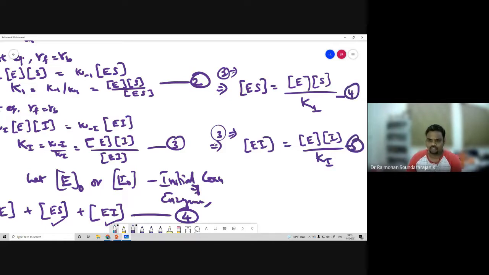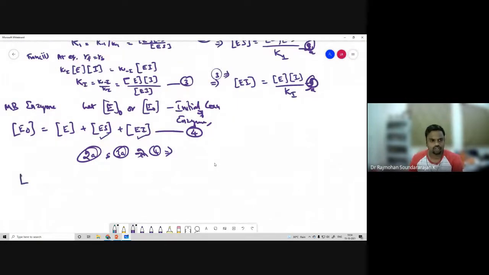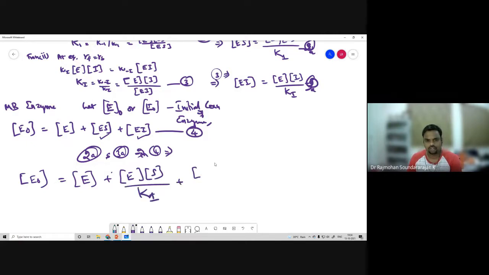Let us call these equations 2a and 3a. Substituting 2a and 3a in 4 will give us E naught equal to E plus E into S by capital K1 plus E into I divided by capital Ki.